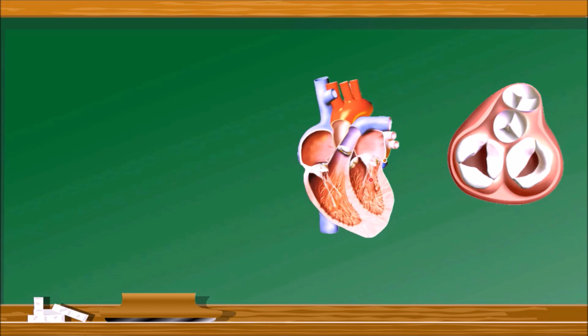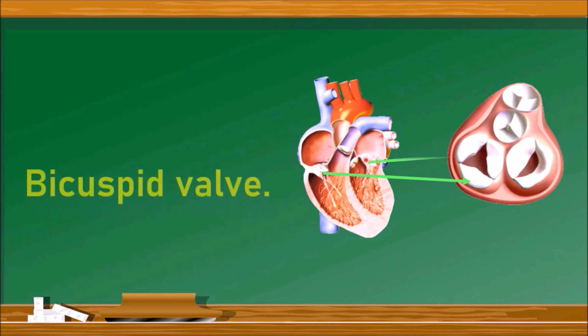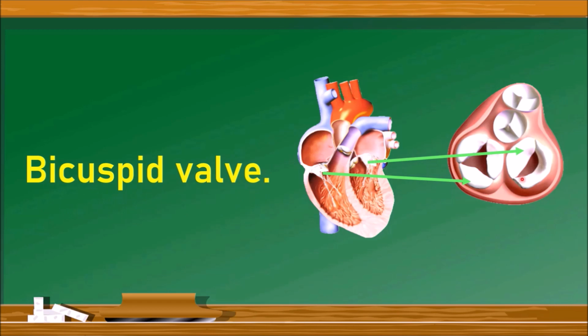So the right auriculoventricular septum contains the tricuspid valve, whereas the left auriculoventricular septum contains the bicuspid valve. The answer is bicuspid valve. It is also called the mitral valve.